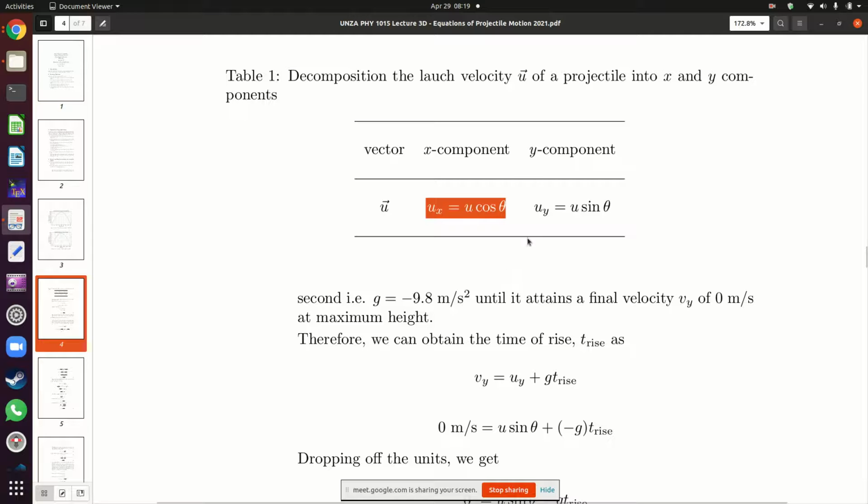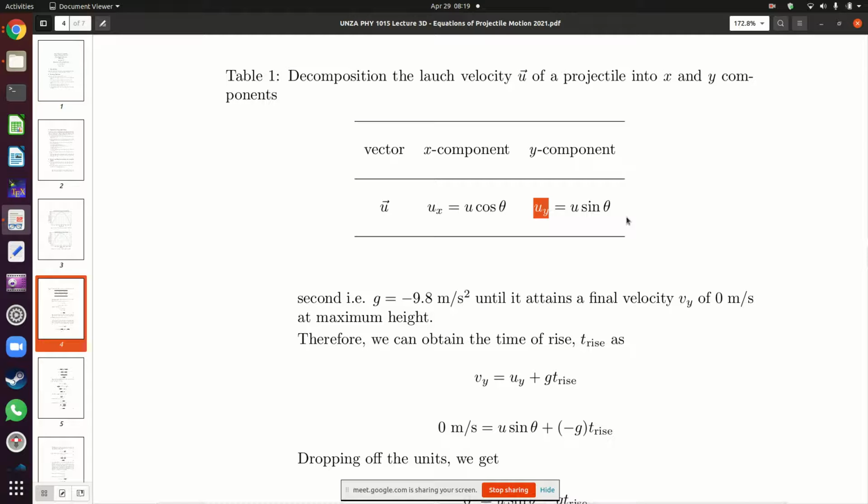Along the y direction, the y component uy is going to be equal to u, which is the size of the vector, multiplied by the sine of the angle. So this is how you find out how much the velocity is along the x direction. ux is equal to u cos theta. Along the y direction, uy, the initial launch velocity is going to be uy is equal to u sin theta.